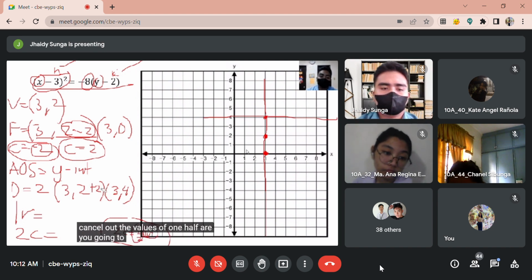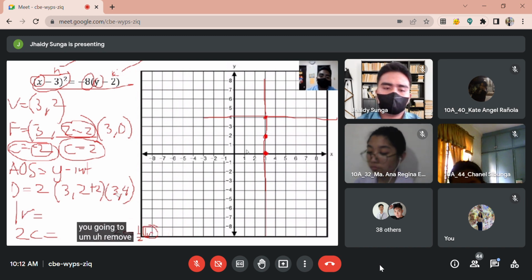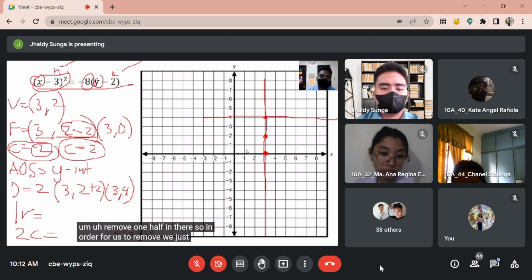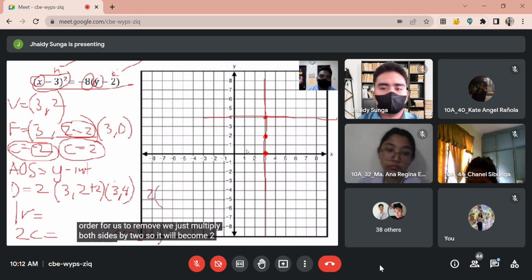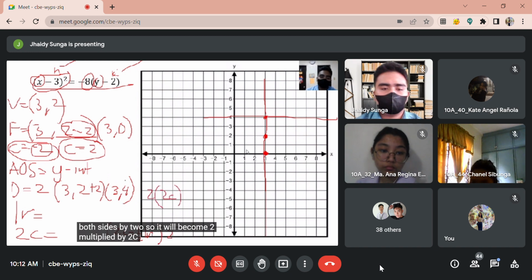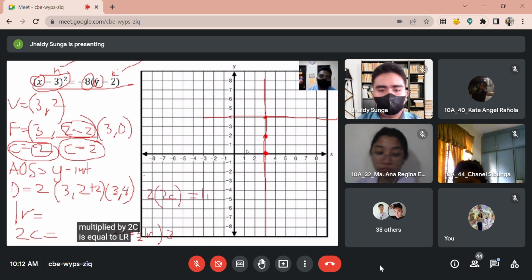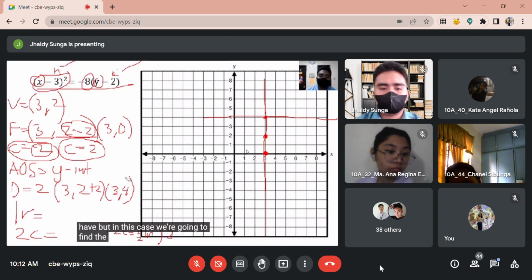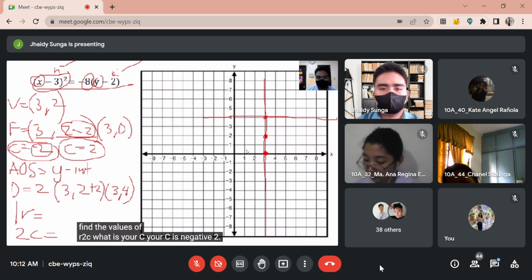How are you going to remove 1 half in there? In order for us to remove it, you just multiply both sides by 2. So it will become 2 multiplied by 2c is equal to LR. Correct? That's how, but in this case, we're going to find the value of 2c. What is your c? Your c is negative 2.